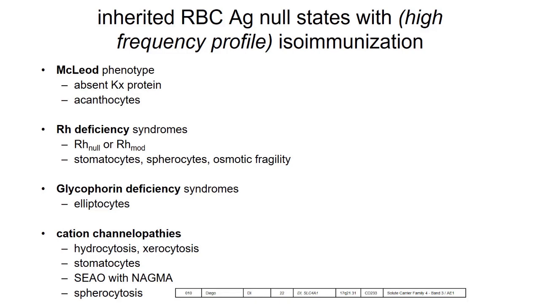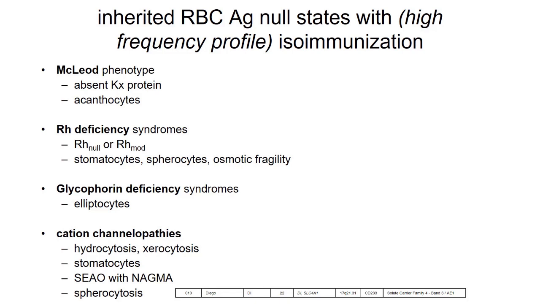Glycophorin deficiency may produce an elliptocytic morphology and some cation channelopathies, such as deficiencies in the Diego system. Each of these states, if transfused with wild-type blood, are more than just alloimmunizing, but rather isoimmunizing with the provocation of high prevalence antibodies.